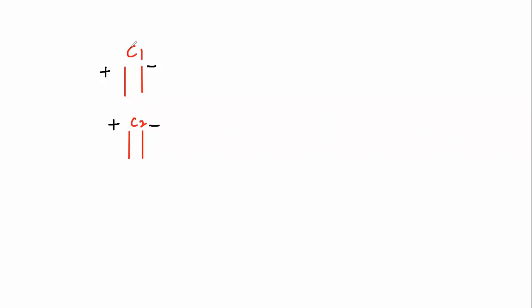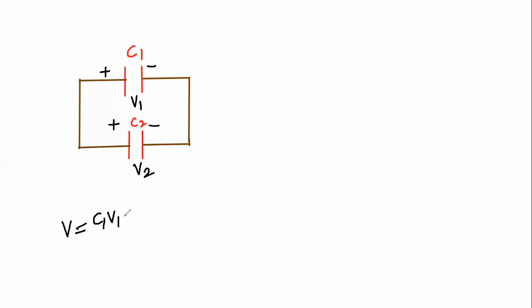Then we take the common potential after connecting, with potential V1 across one and V2 across the other. The common potential is (C1 V1 plus C2 V2) divided by (C1 plus C2).